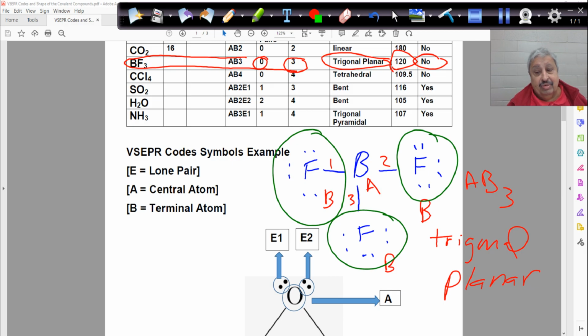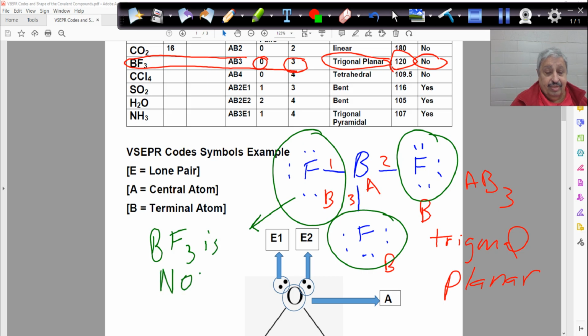Since they are equal, the molecule is symmetrical, and the molecule BF3 is not polar. Why? Because it has similar terminal atoms, correct? Everybody is following? They are really similar.